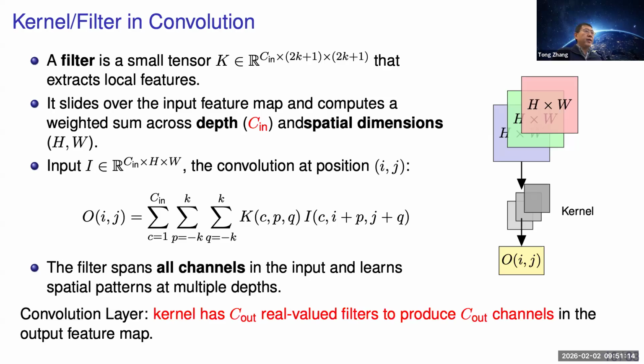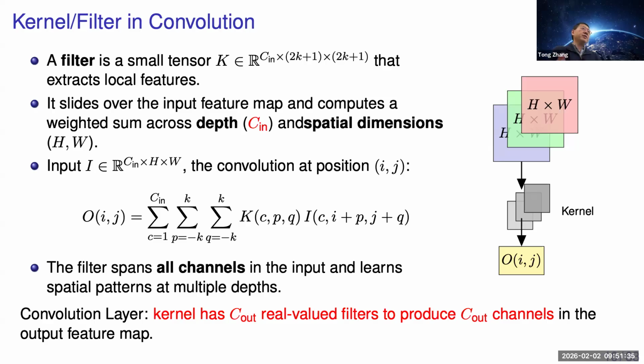And the convolutional layer doesn't produce one output. It starts with C in and generates C out. So you have many of these kinds of features. This small kernel has 9 C parameters for each output, and then you have C out of them, so 9 C in parameters each.